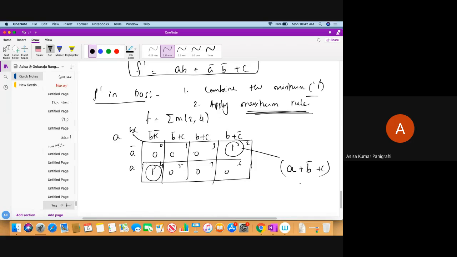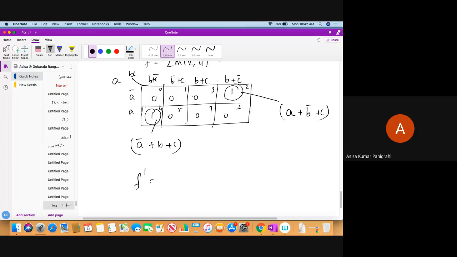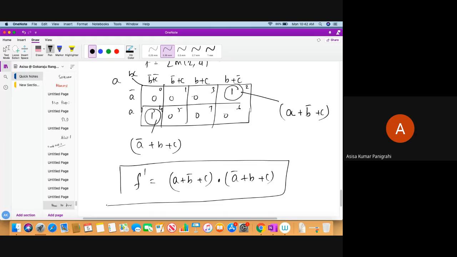Whatever is common, I have taken the opposite. For the other one, what is common? A bar or B or C. So finally, what is my F bar? My F bar is A or B bar or C, and A bar or B or C. So this is my F bar. Any doubt on this, students? If you do this, you will get 2 out of 2.